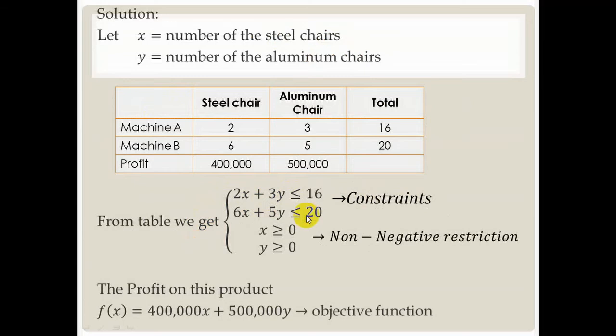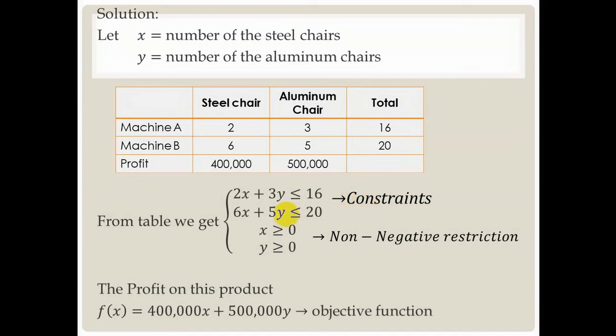It is impossible to work more than 16 hours. It is the same with 6x plus 5y less than or equal to 20. These two inequalities are called constraints. A constraint means you change the equal sign to an inequality sign.